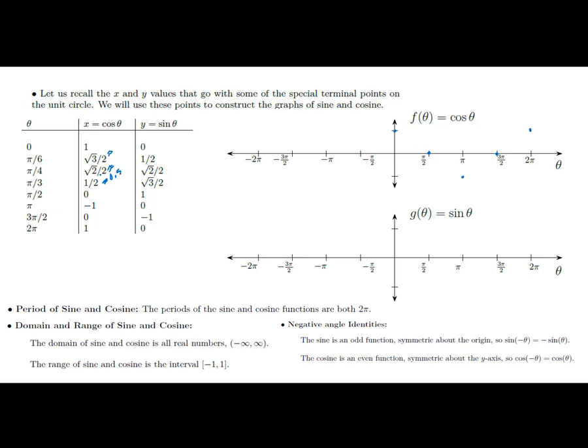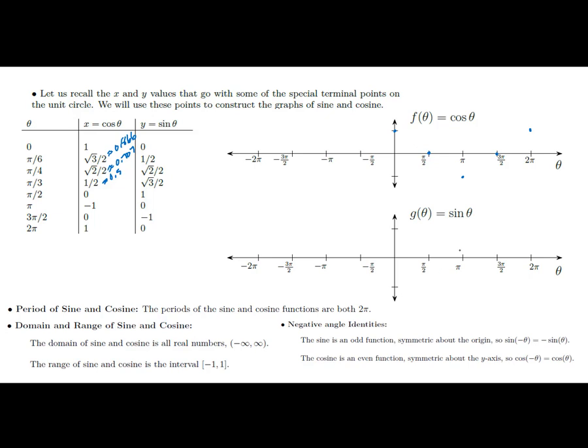Square root of 2 over 2 is about 0.707. And square root of 3 over 2 is approximately 0.866. That gives us an idea of where exactly the cosine values ought to be at these theta values.